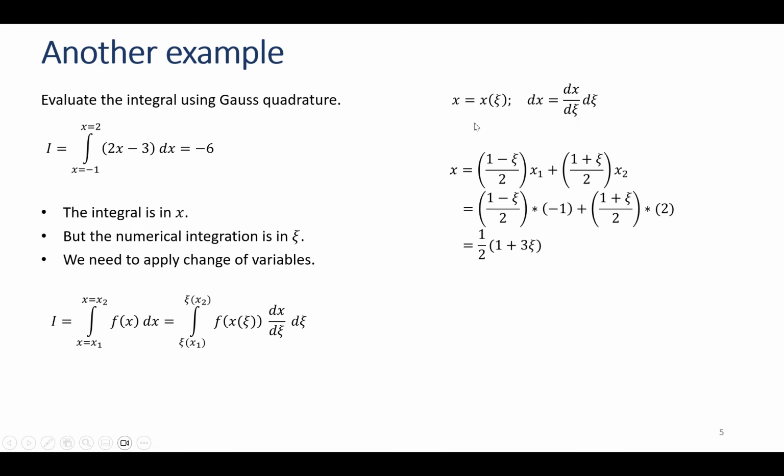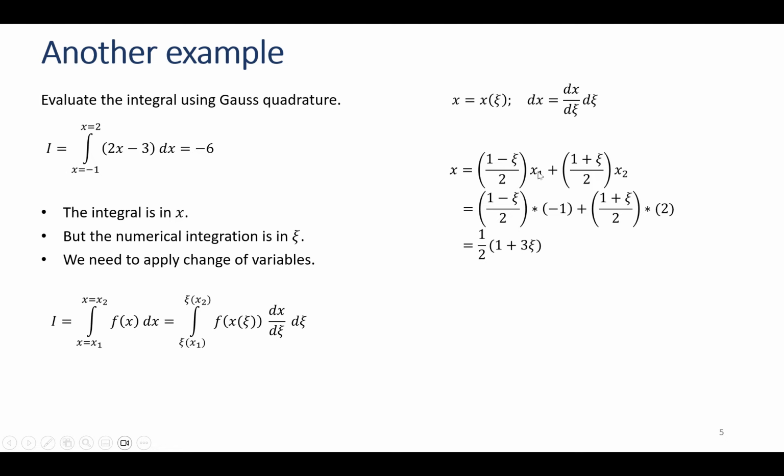Now, to express x in terms of xi, we have two limits, right? We have the limits h1 and h2. So we represent x as a linear combination of our basis functions N1 and N2 multiplied by h1 and h2.